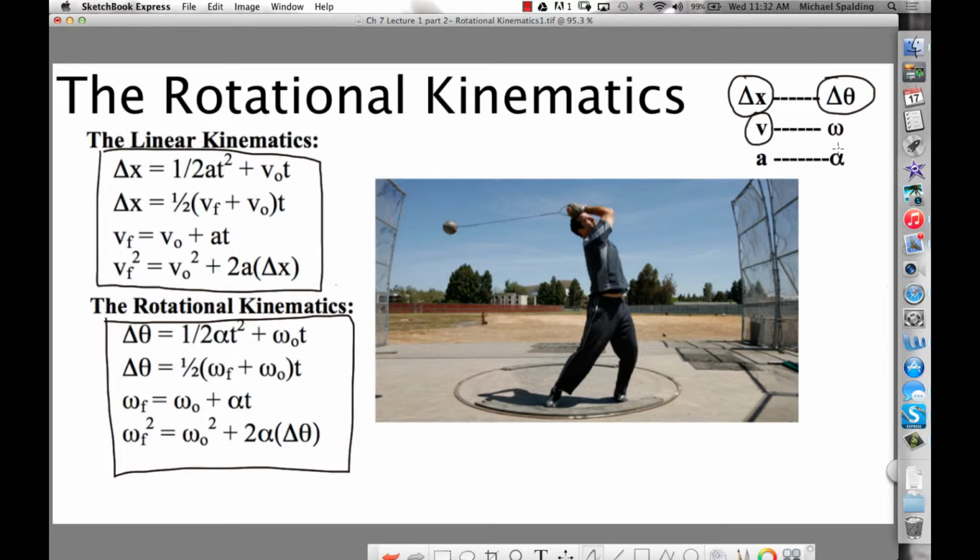Linear velocity becomes angular velocity, and linear acceleration becomes angular acceleration. Okay? So basically, just put the word angular in front of it. And these rotational symbols are different than the linear symbols, which I think you probably recognized already. But the equations are the same. Does everybody see that? They're the exact same equations.